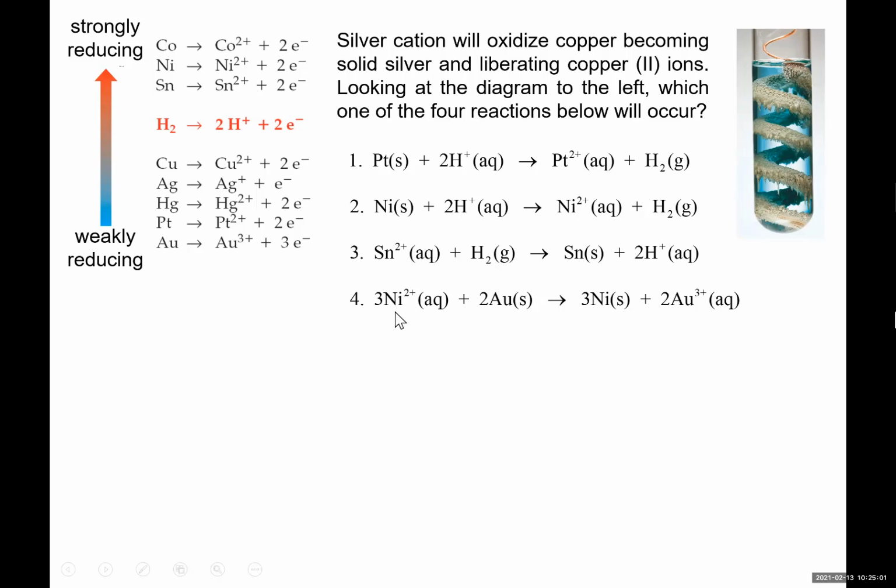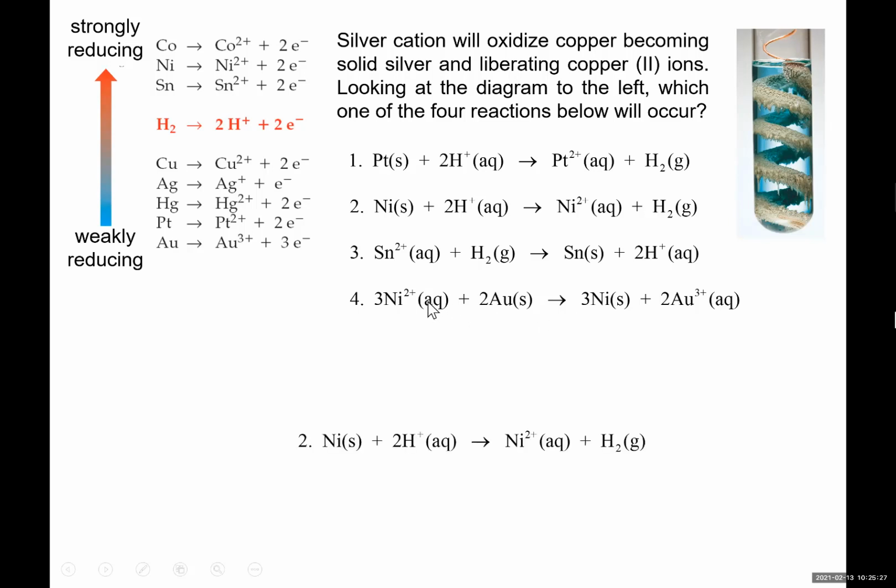And if I look at the bottom reaction, the element is Au. On the other side, the element is Ni. Is Au at higher reactivity relative to Ni? Then the reaction is going to happen. Au and nickel, no, Au is not at higher activity. So Au is not going to be producing Ni from its cation.